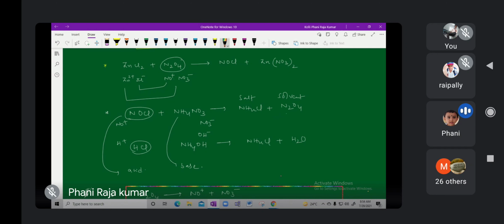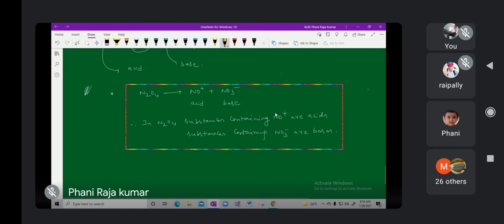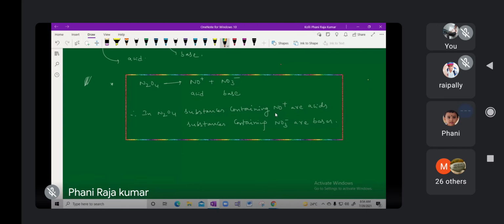A special neutralization reaction in N2O4.